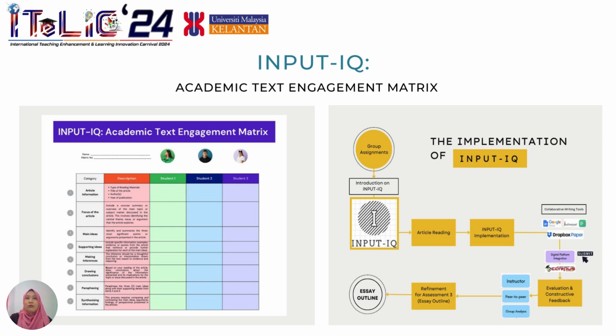Instructors normally take about one or two weeks to review and evaluate. After that, the students get their reviewed versions, so they refine and improve their Input IQ metrics in order to develop the essay outline, which is known as the assessment three.